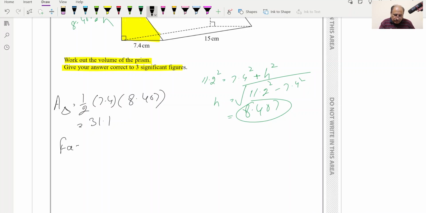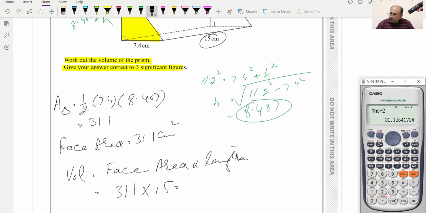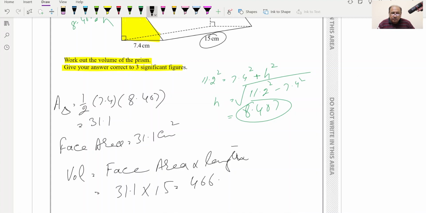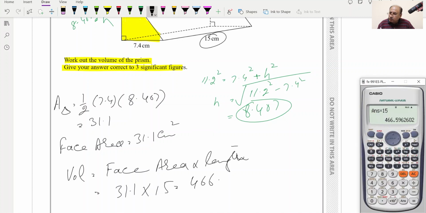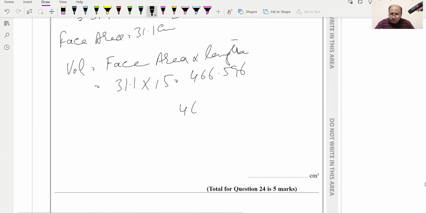So face area is equal to 31.1 centimeters square, and volume will be equal to face area multiply by length, and this will be equal to what? 31.1 multiply by length is 15 centimeters, so this will be multiply by 15, and this will be equal to 466.596 and up to 3 significant figures, so 467 will be our final answer for this question.